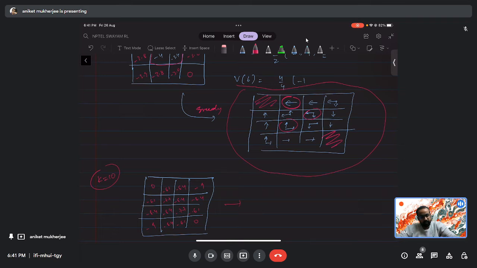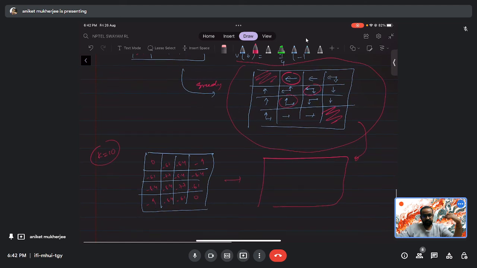If you do the greedy of this, it is the same policy, but the values keep changing. The policy doesn't update more because there's nothing more to update. You have the optimal policy at k equal to 4, but the values keep on changing.